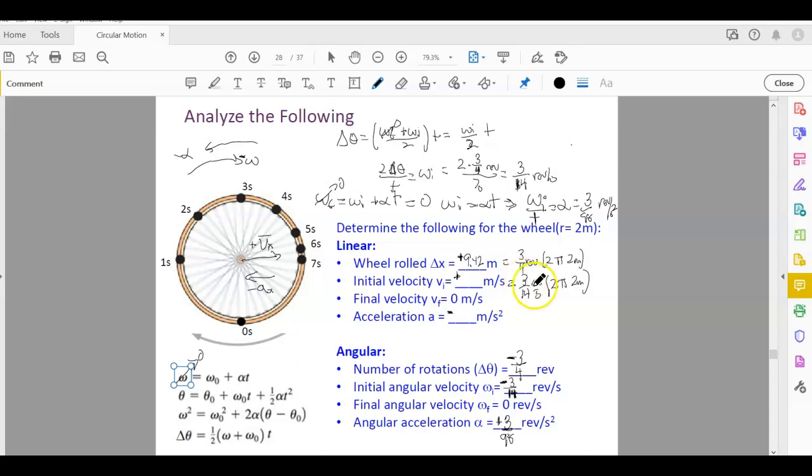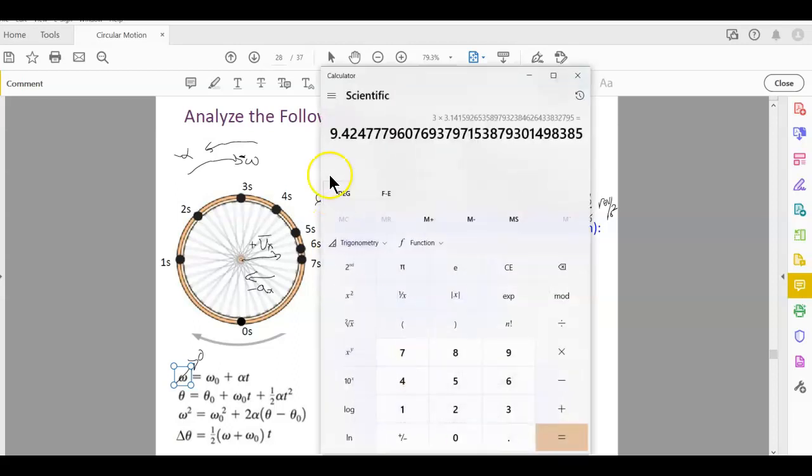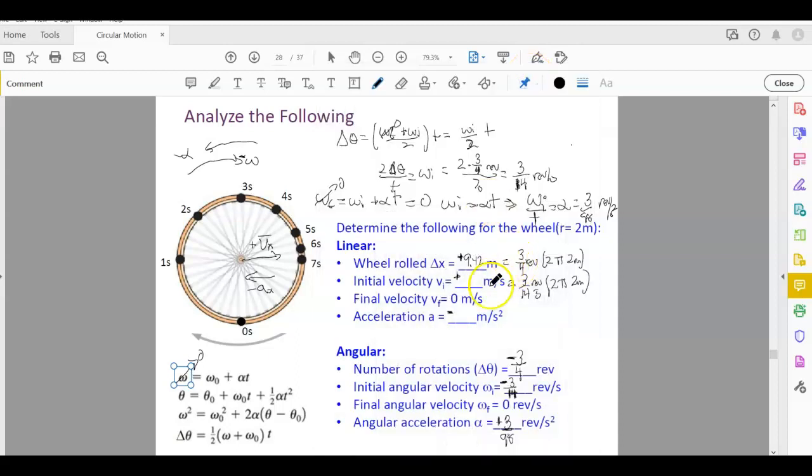So this is going to be 3 times pi times 2. So 3 times pi is 9.42 times 2, divided by 7 equals 2.70 meters per second.